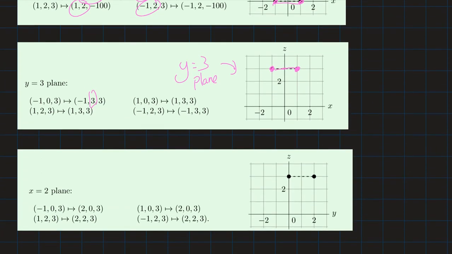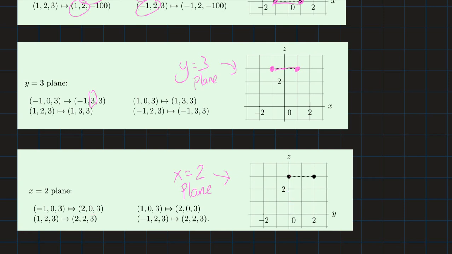Finally, let's do what happens when you project onto the x equals 2 plane. All you do is replace the x coordinates with 2. Whatever the x coordinate was before, forget about it; now it's going to be equal to 2. You plot this on the x equals 2 plane, and because it's x equals 2, the coordinates are now y and z. So for the first point, ignore the 2, you're just plotting (0, 3).